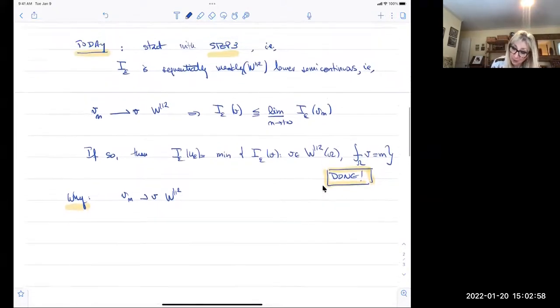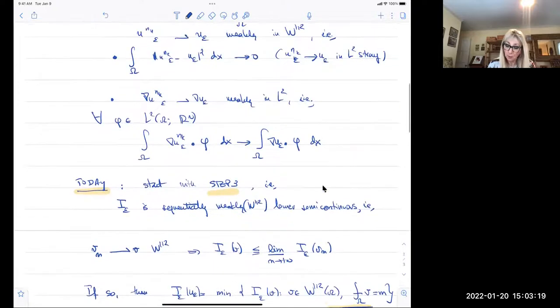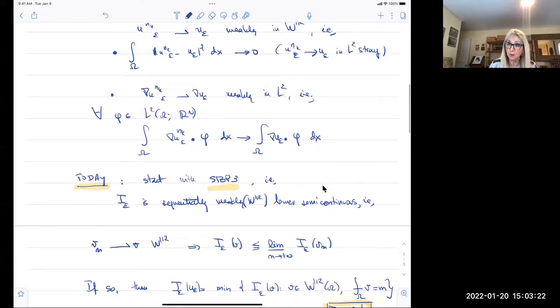So again, this implies, as I said before, two things. One, that v_n converges to v strongly in L2, and that grad v_n converges weakly to grad v, weakly in L2, just as I wrote before, those two bullets that you have before.